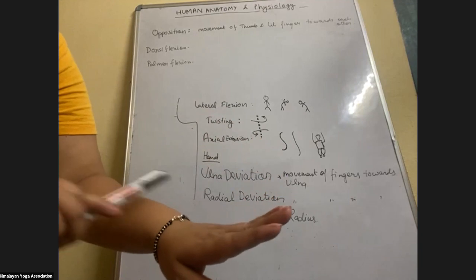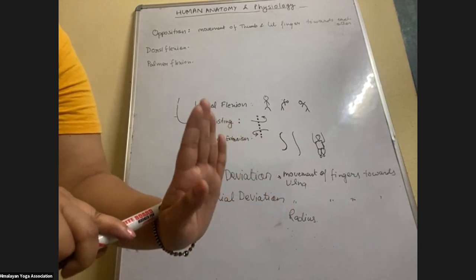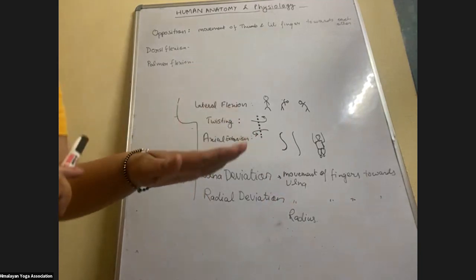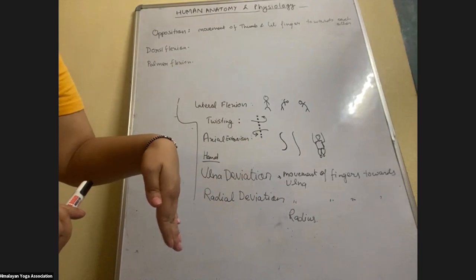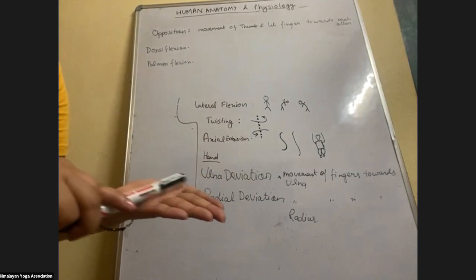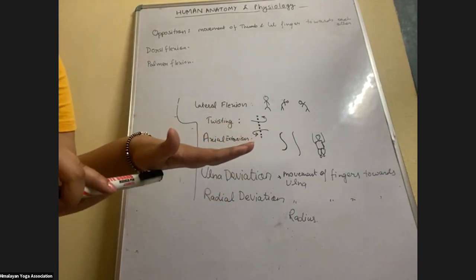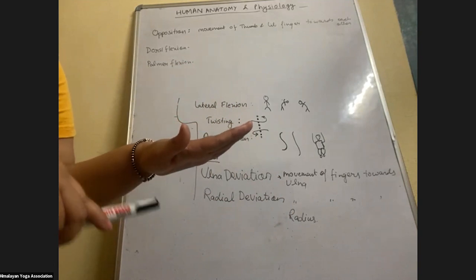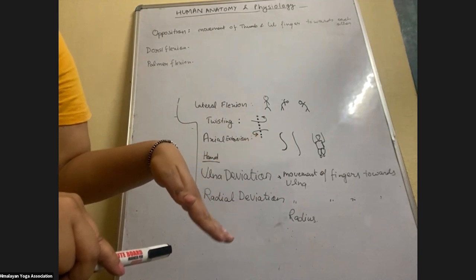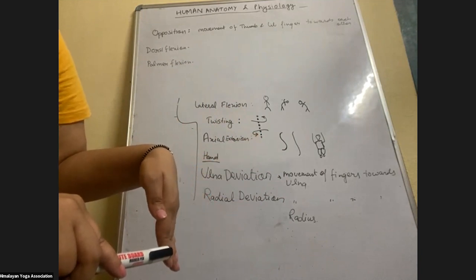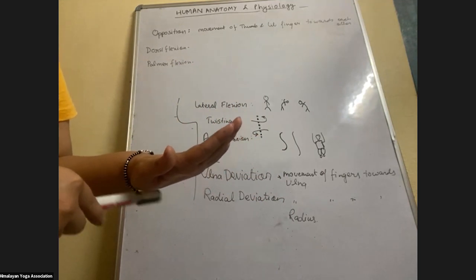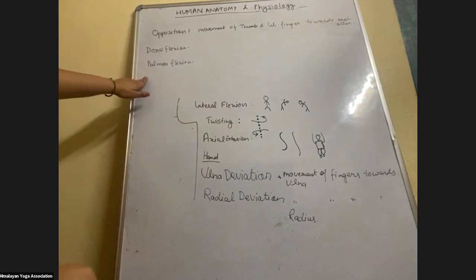We have this and we have this. So here is the joint. I am decreasing the angle, so it is dorsiflexion. Now I can do this also. Here we have the palm. Here I am reducing the angle. Now it is 180. Now this is 90 degrees. This is called palmar flexion.